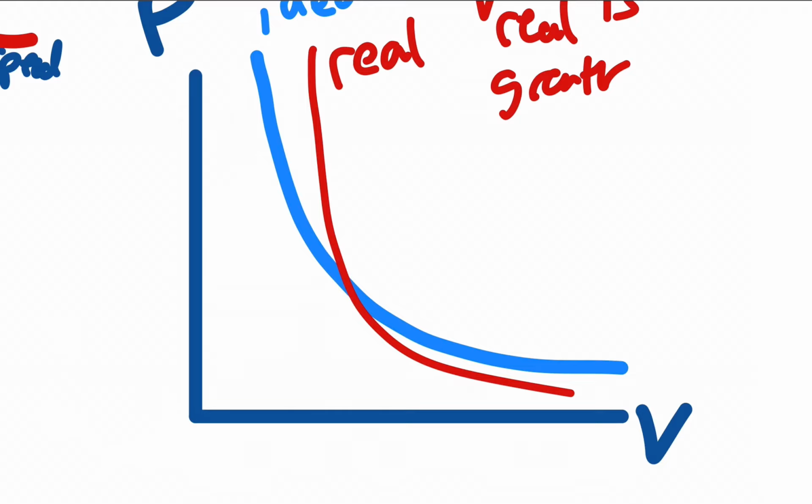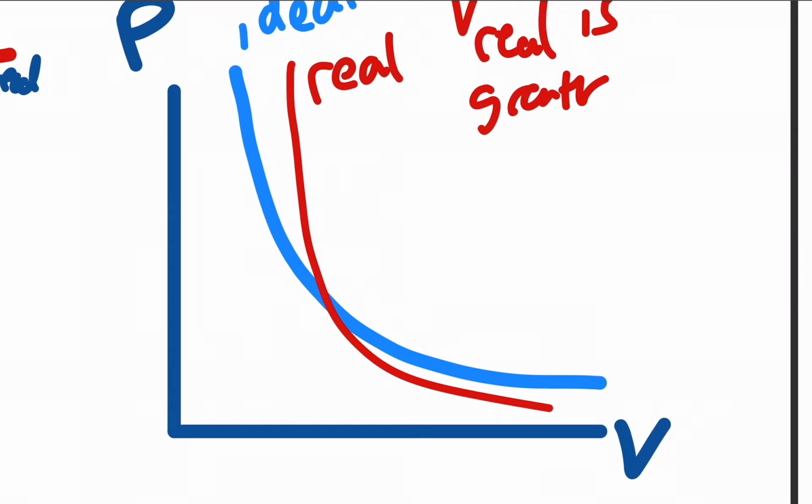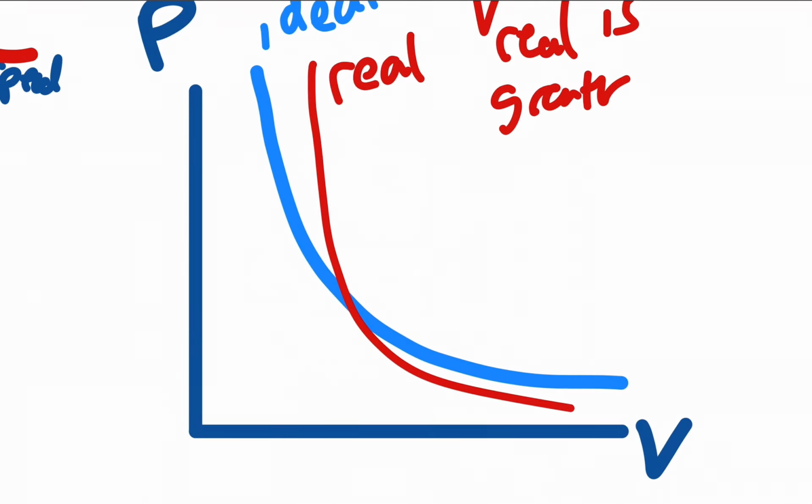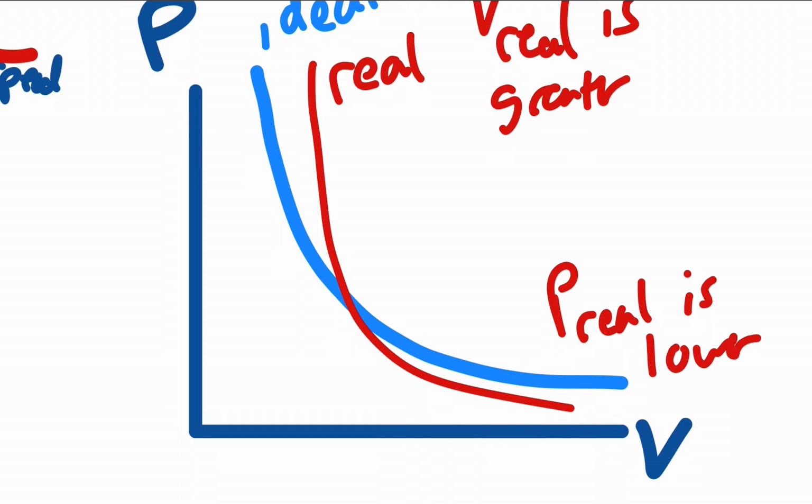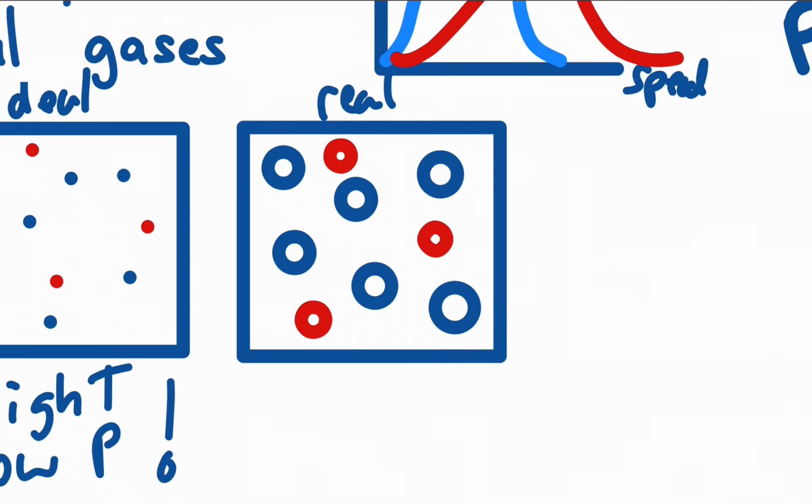And then likewise, you get to this other section of the graph. If all of a sudden you get really big volumes and you expand it out, well, then the interactive forces are more significant, and the real pressure that's measured is actually less. It's lower. That's because as you have lower pressures and greater volumes, you see a predicted pressure of some ideal calculation, and the actual pressure is smaller because the particles are actually interacting with each other.